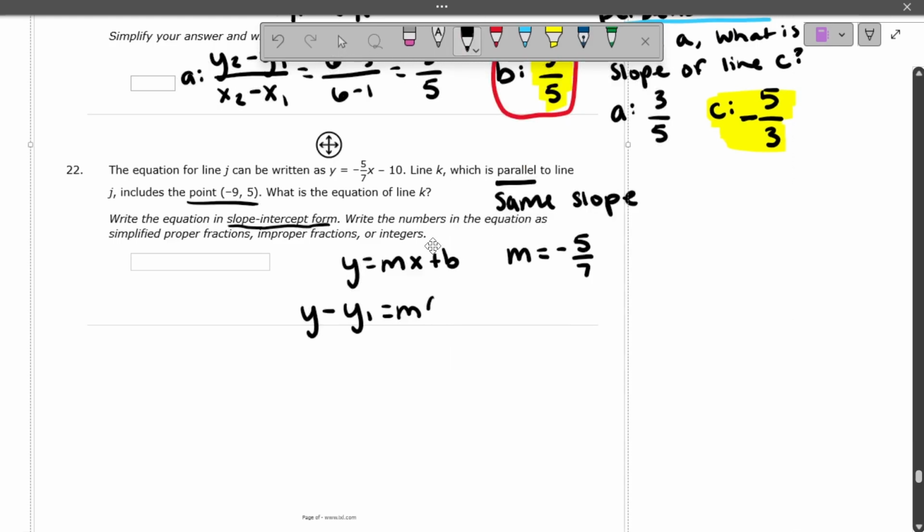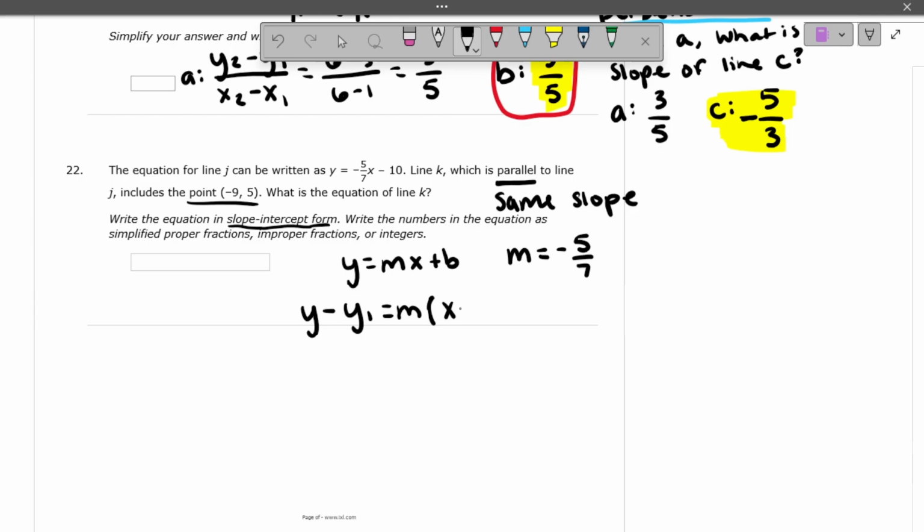Let me fix that. Don't want to move everything around here. There we go. m times x minus x1. So y minus 5 is equal to negative 5 over 7 times x plus 9. And I'm getting this 5 and 9 from this point up here that I've just circled. So let's solve.